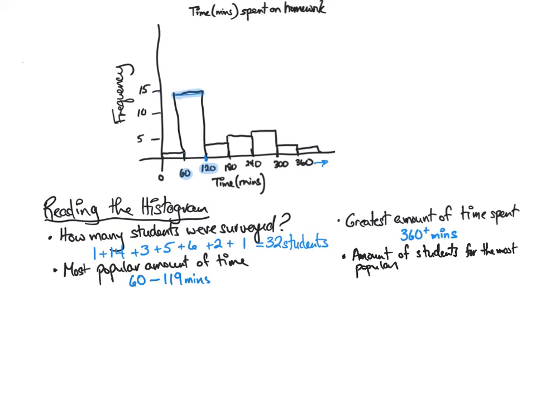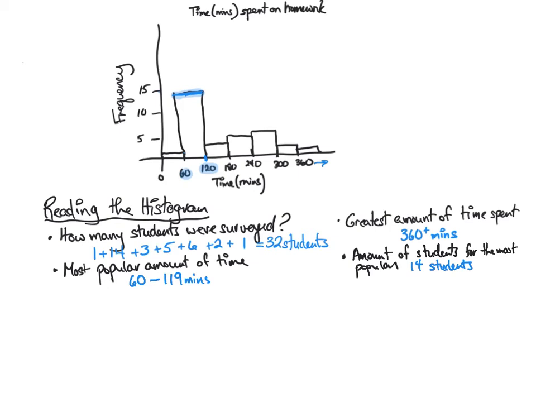So it was here, and that would be 14 students. So basically, you can be asked about things on the x-axis, you can be asked on the y, you could be asked on the population, and then you can be asked specific groupings.